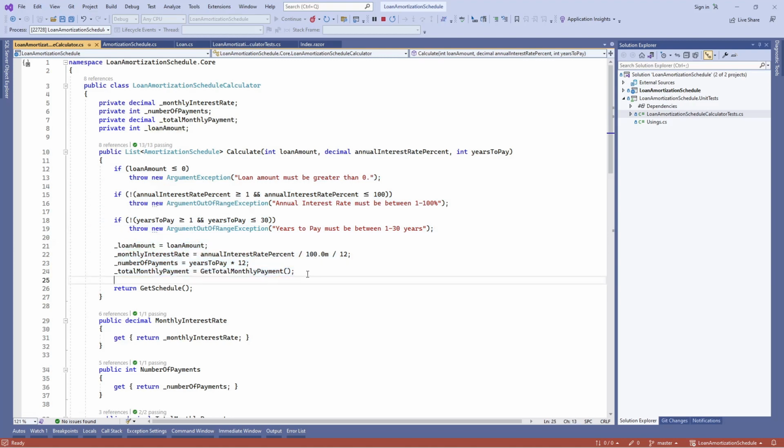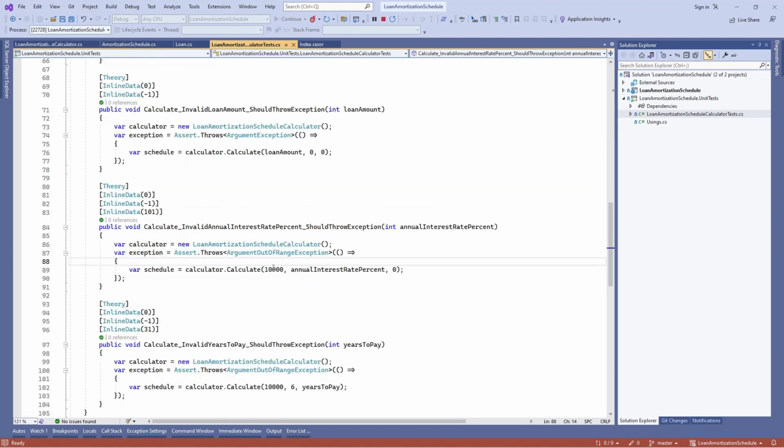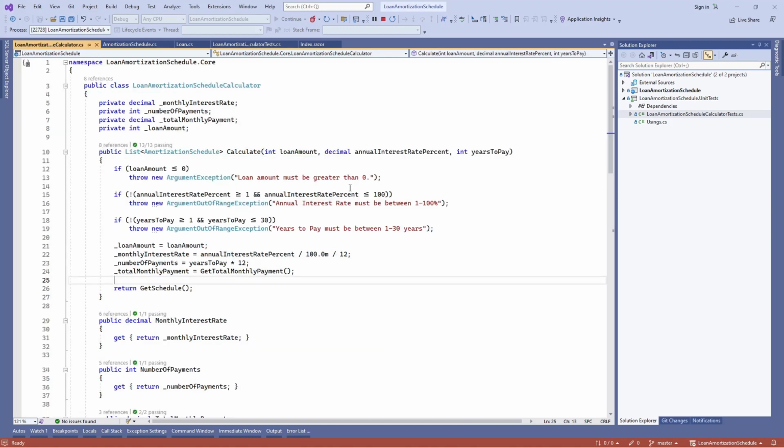If you can observe, we do assert that throws, and then you run the act here, and if something goes wrong or an exception occurs, then it would be filtered, and we expect exceptions for this method calculate. So that is pretty much the meat of this.